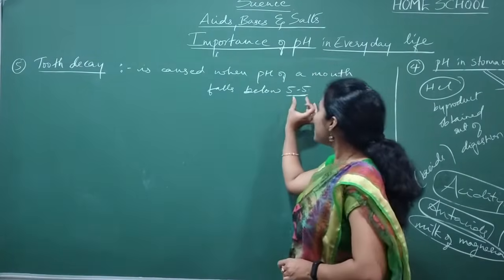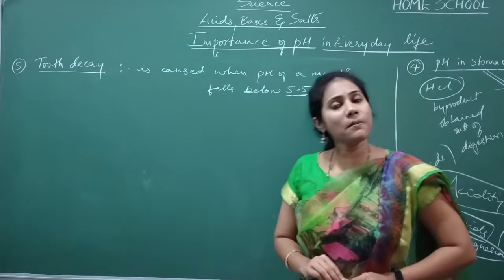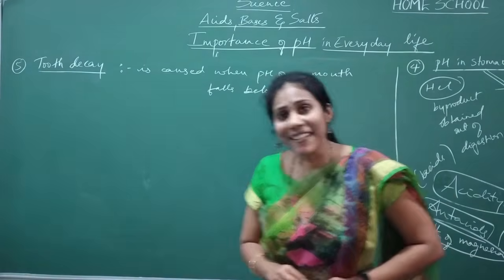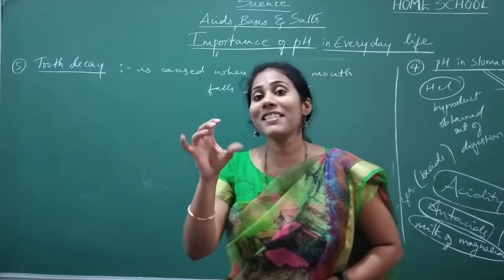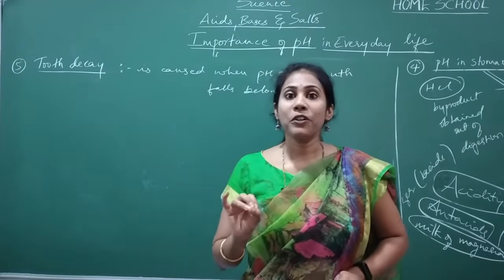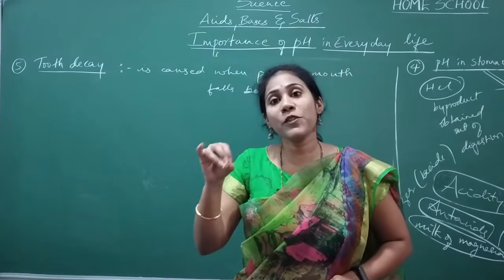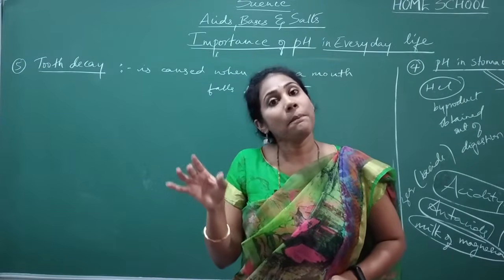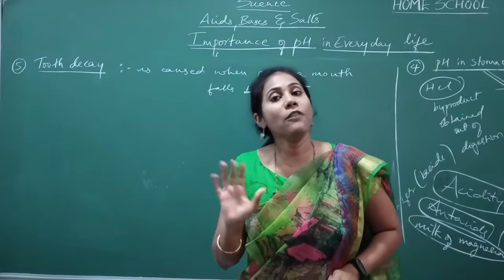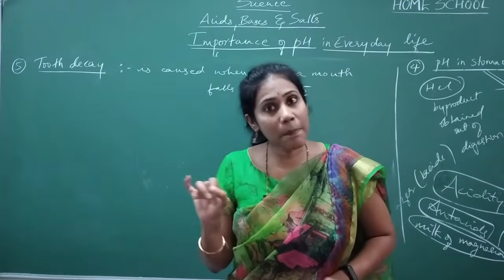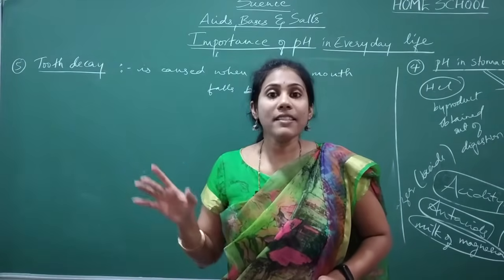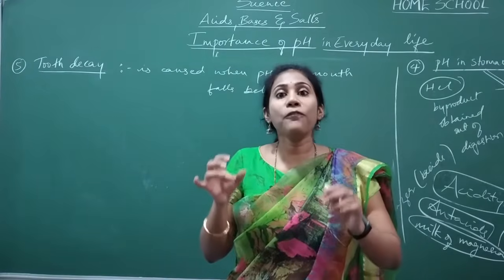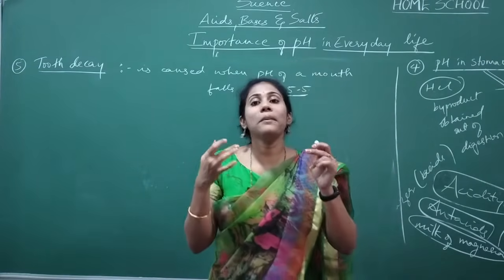So why does the pH of the mouth fall below 5.5? It is because bacteria segregate inside the mouth. Bacteria try to release some amount of acid in the mouth. That is the reason the pH of the saliva will become 5.5. So why is bacteria created inside the mouth? It is because of the food stuff that is stuck in the mouth.